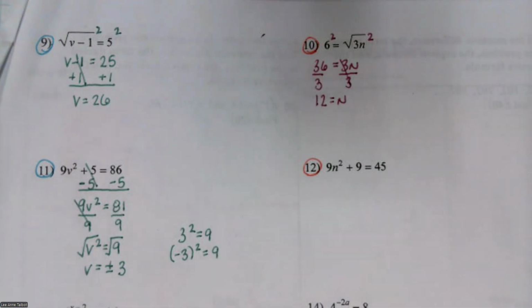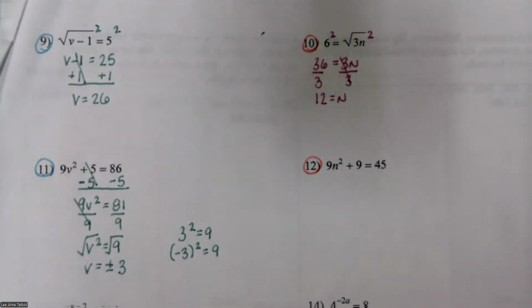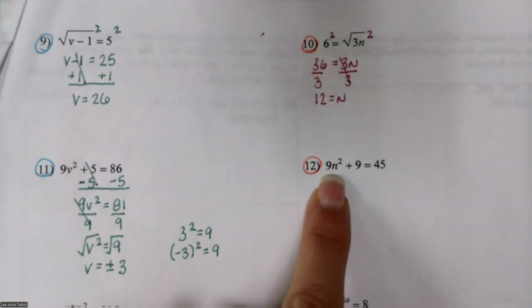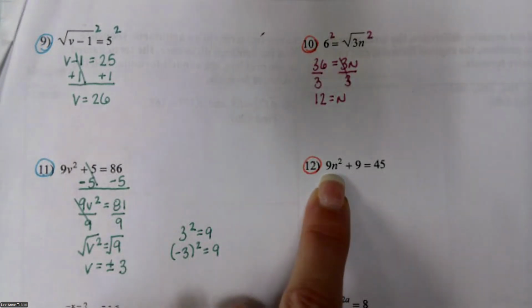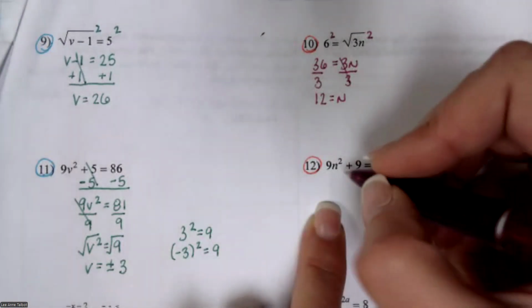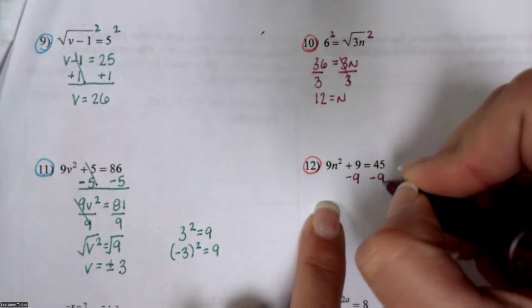It's not too bad. Okay, now number 12, though, is the opposite. So we want to get n squared by itself, and then we're going to square root. So minus 9 first.